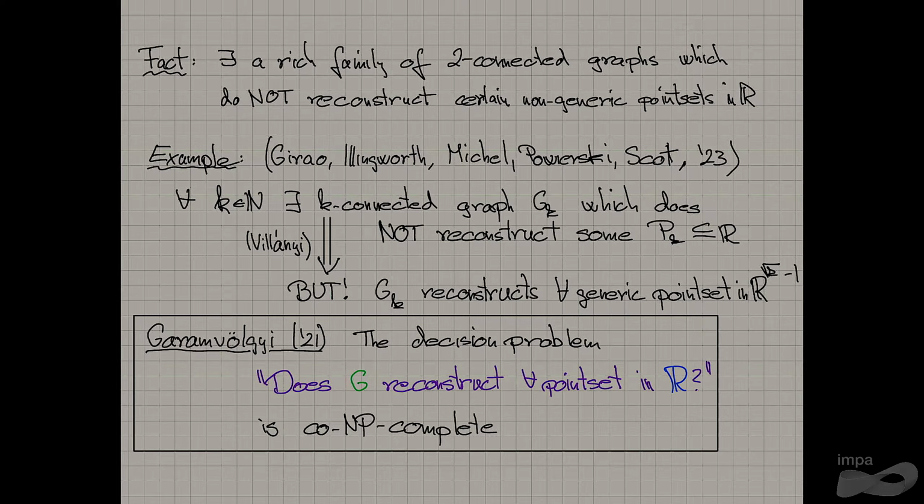So if you compare this with what we know about the generic case, which is just two-connectedness, this is a very well understood, efficiently checkable family. And if you extend it to arbitrary point sets, then immediately it's coNP-complete.